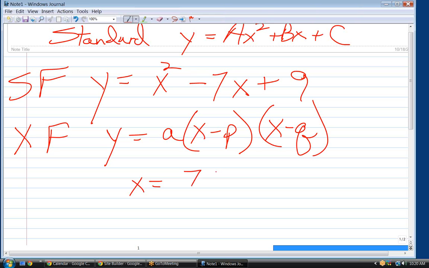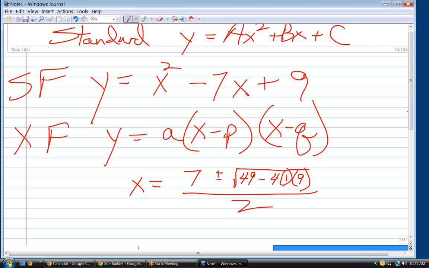7 plus or minus the square root of 49 minus 36 over 2.